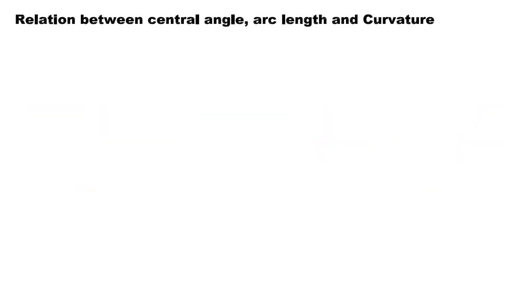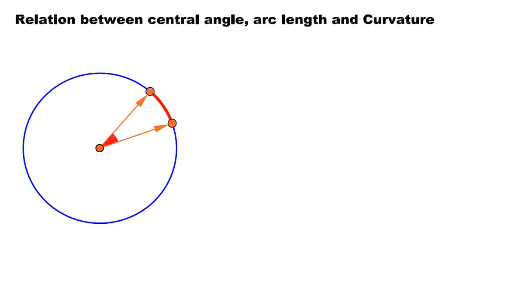What is the relation between central angle, arc length, and curvature? If we have the circle with central angle phi and arc length s, we have this relation s equal to r times phi. So the arc length s is equal to the radius times the central angle.